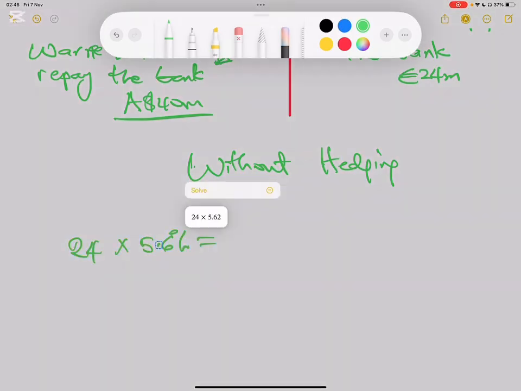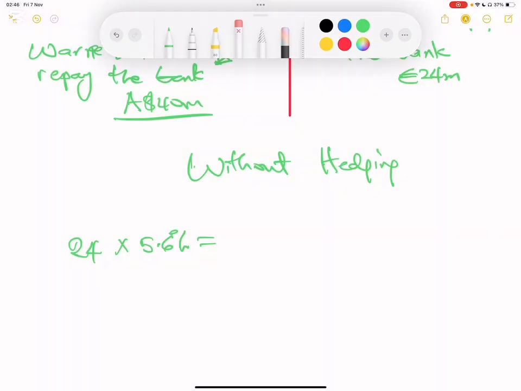And that would have been equal to 1.344 million.